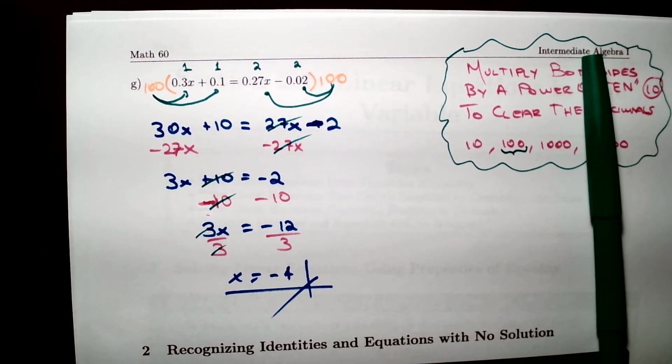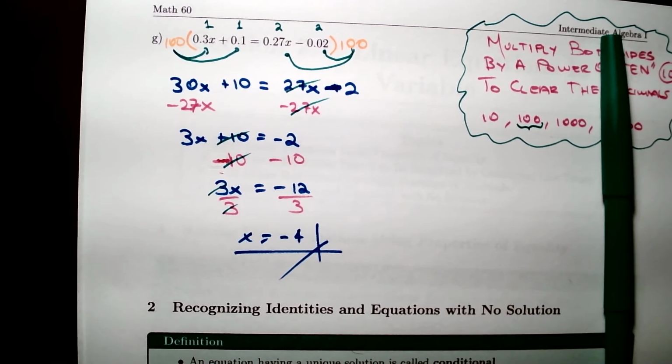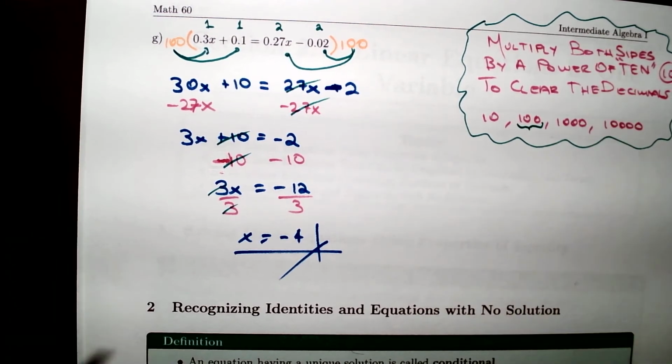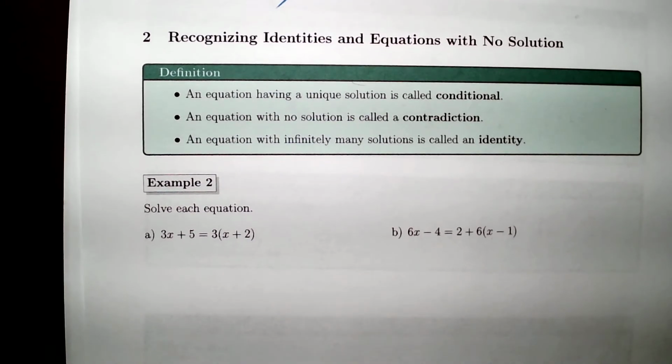So I think this is a good number of examples to cover. Basically one of each case. As you can see, one with fractions, one with parentheses, and now we had one with decimals. We are going to have special cases of equations that we need to be able to recognize.